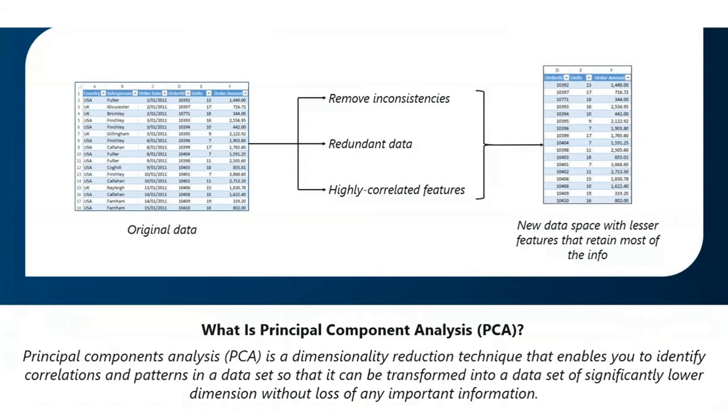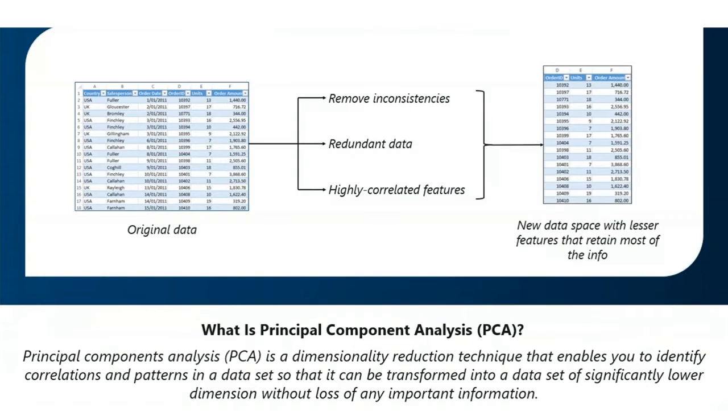Out of that, we are going to identify the best attributes through which we will be uniquely identifying an object. Principal component analysis is a dimensionality reduction technique that enables us to identify the correlations and patterns in a data set so that it can be transformed into a data set of significantly lower dimension without loss of any important information.